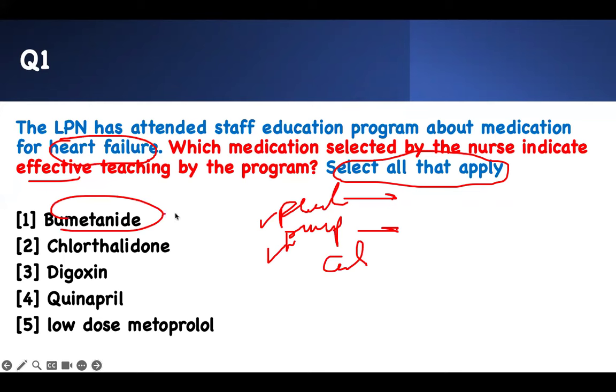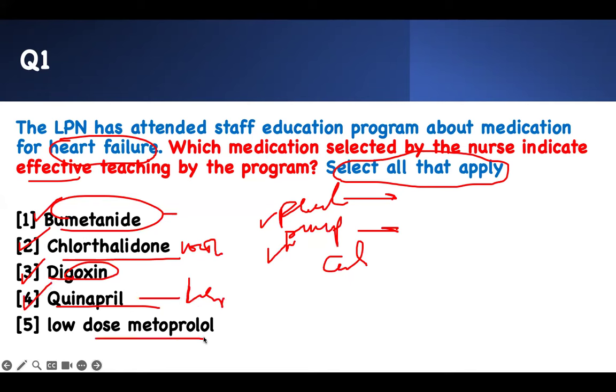Bumetanide, right? It's the same as furosemide. It deals with the fluid. Chlorthalidone is a hydrochlorothiazide derivative. It deals with the fluid. Digoxin is a pump guy, helps with pumping the heart. Lisinopril is an ACE inhibitor, helps with remodeling.